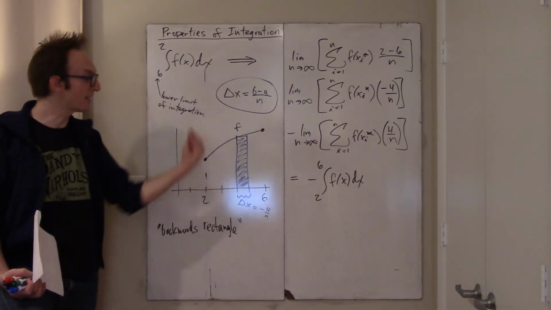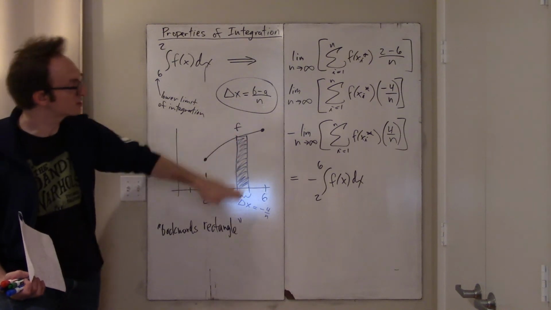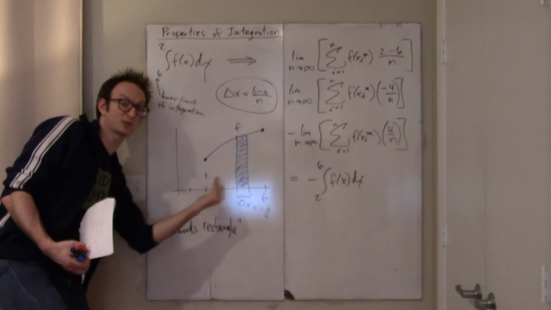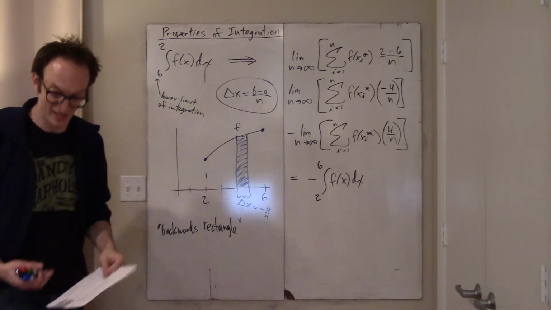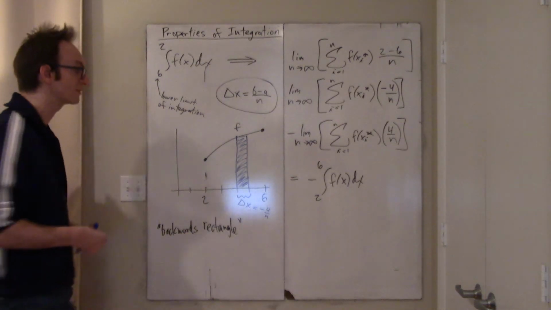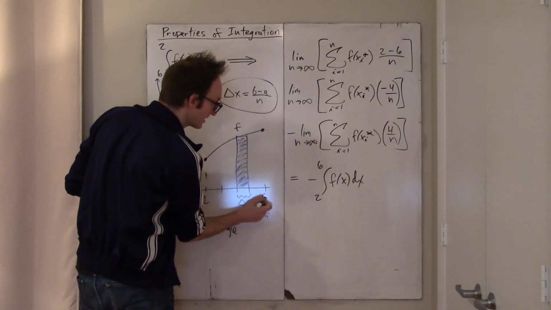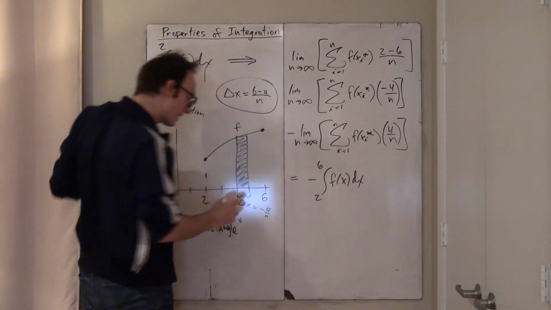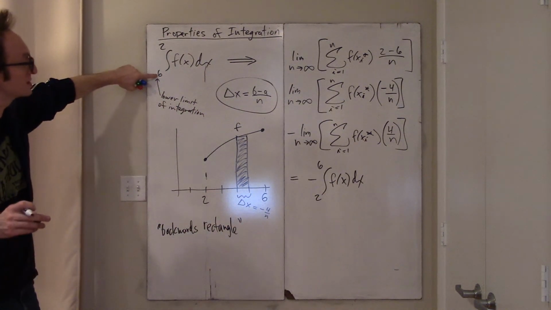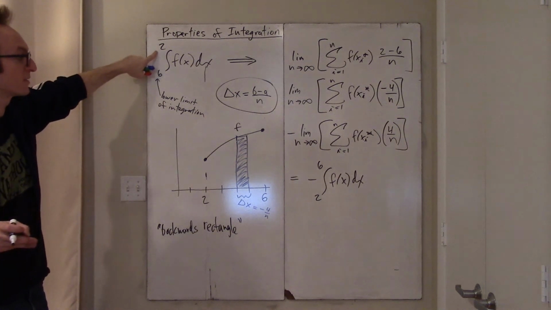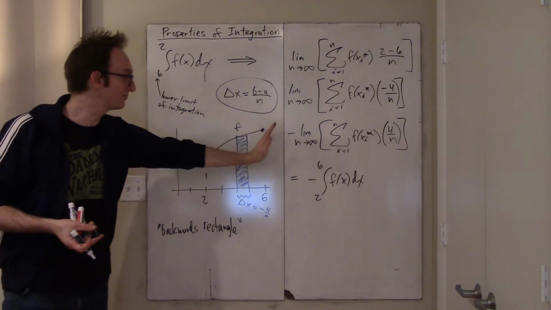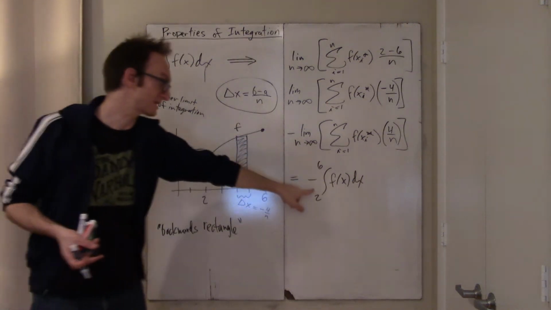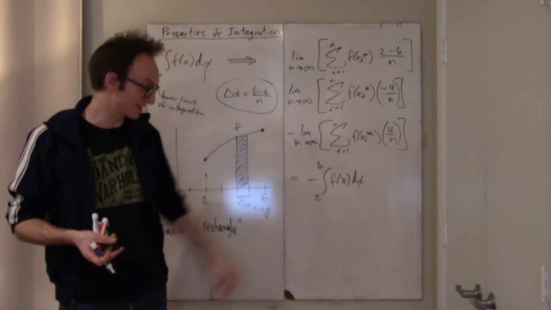And so I'm multiplying at every stage the height of the function by the amount I just shifted by, and the amount I've just shifted by is always negative. That was my attempt at a geometry proof of this fact: if you integrate backwards, so to speak, from 6 to 2, then what you get is what we would normally call the area under the curve, but the negative of that. And that's exactly what this says here.